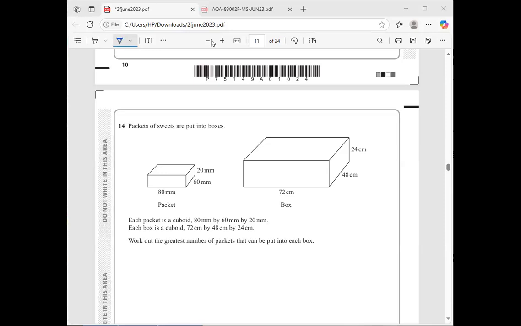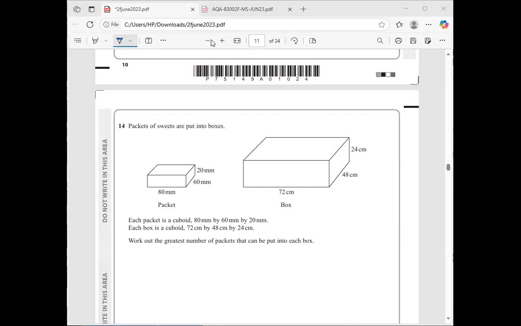Another way of asking that question is, how many of the packets can fit into the box? So that sounds like a division question to me, isn't it? Yes, division.